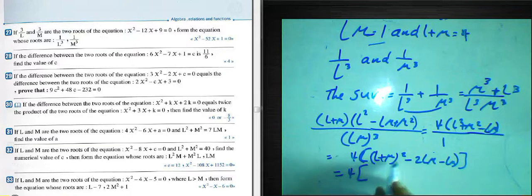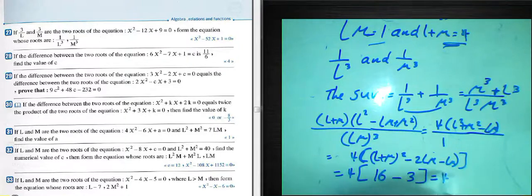L plus M to power 2 is 4 squared, that will be 16, negative 2 times LM, which is 1, so 2, minus 1 equal negative 3. 16 minus 3 equals 13. The result will be 4 times 13, which equals 52.